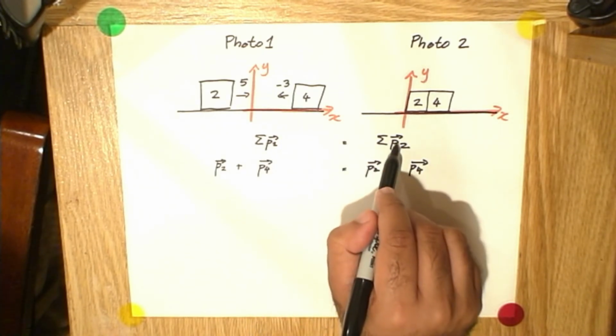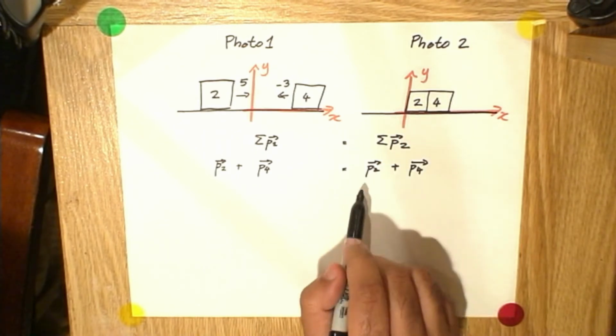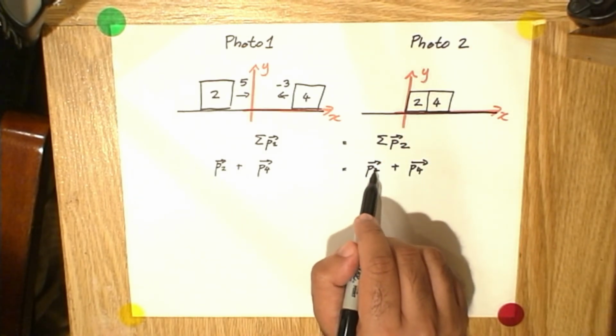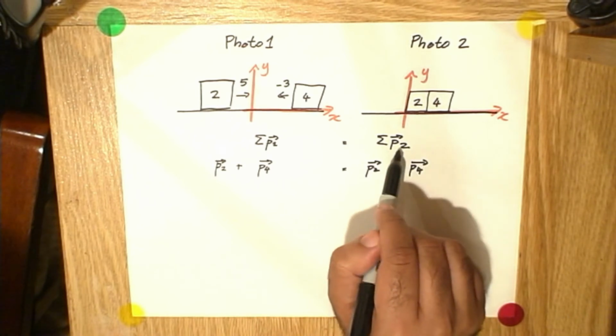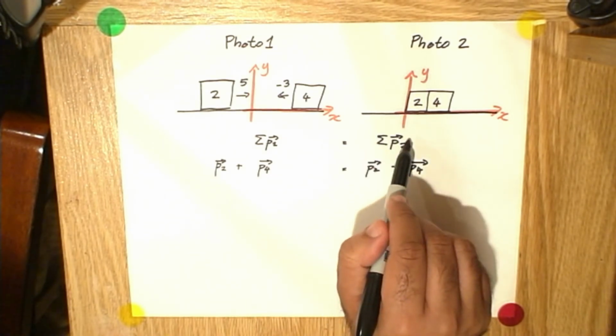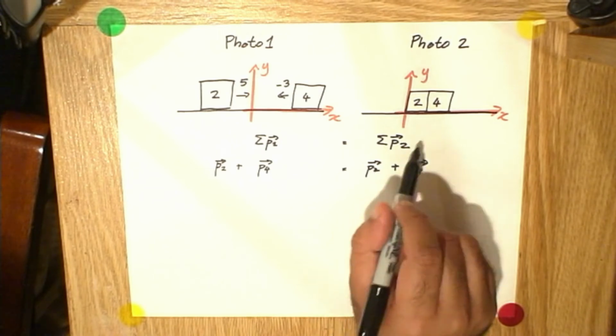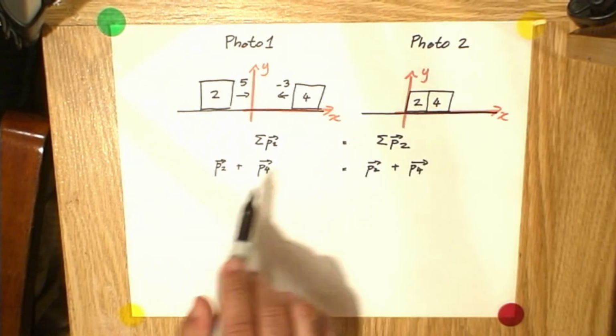Here, when I say Σp2, I mean the total momentum in photo 2. Here, where I say p2, I mean the momentum specifically of the 2 kilogram object. So if you see the sigma sign in front, that means that I'm talking about everything that's happening in photo 2. If you see just p2, I'm talking about the momentum of the 2 kilogram object.